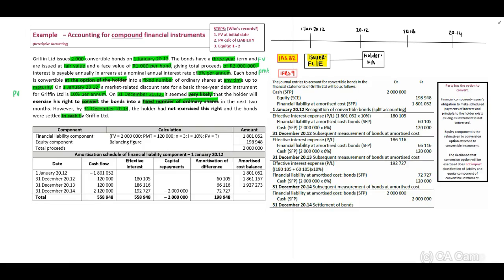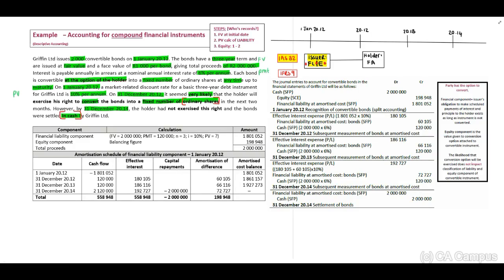But now when we look at the information that they provide to us, our holder has the option to either receive shares 1 or cash 2. This will be a compound financial instrument, therefore a liability and equity portion.